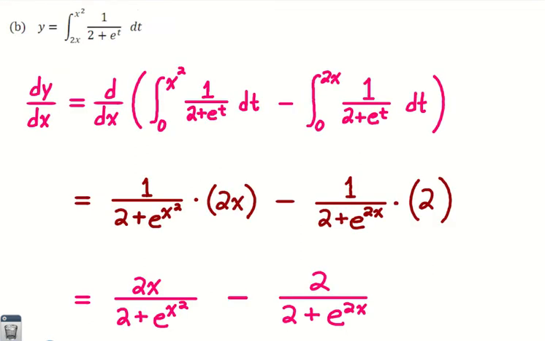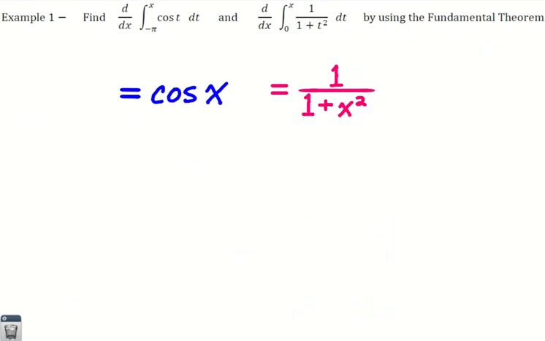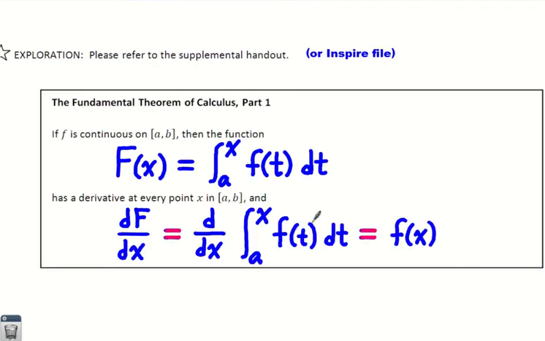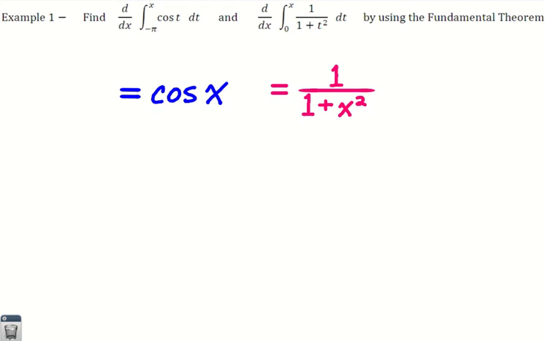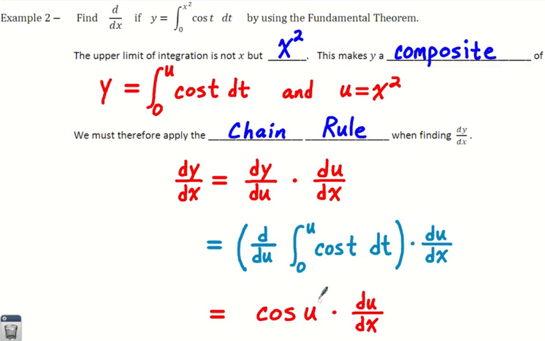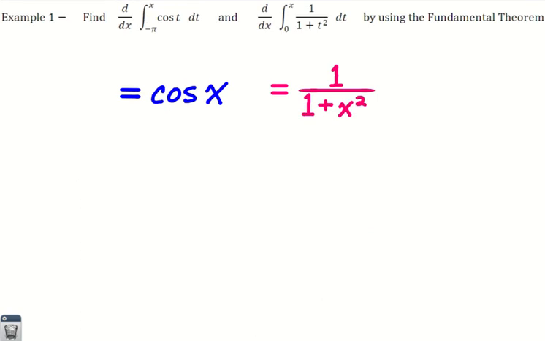And so, look. That's section 1.1, where I know there was a lot of technical stuff and definitions and crazy behind-the-scenes stuff, but at the end of the day, if you're just going from some number to x, just plug in x for t, or if this was the cosine of r dr, then just plug it in for r.